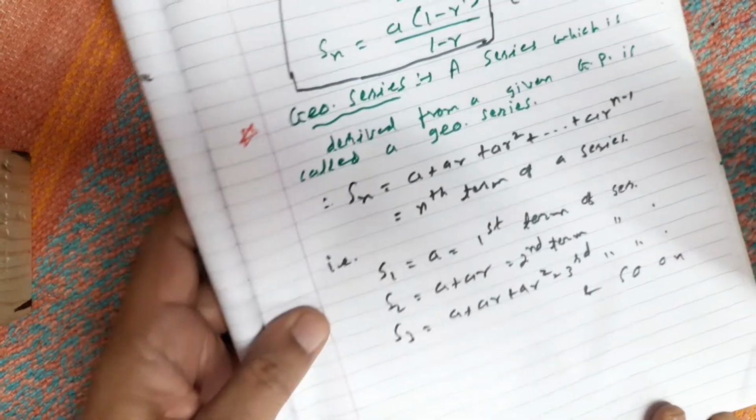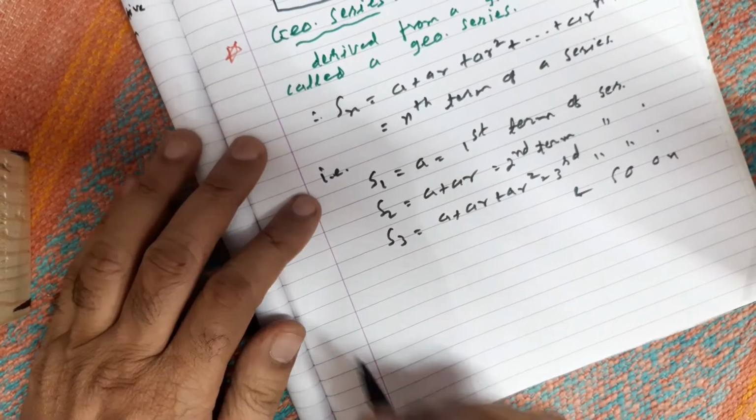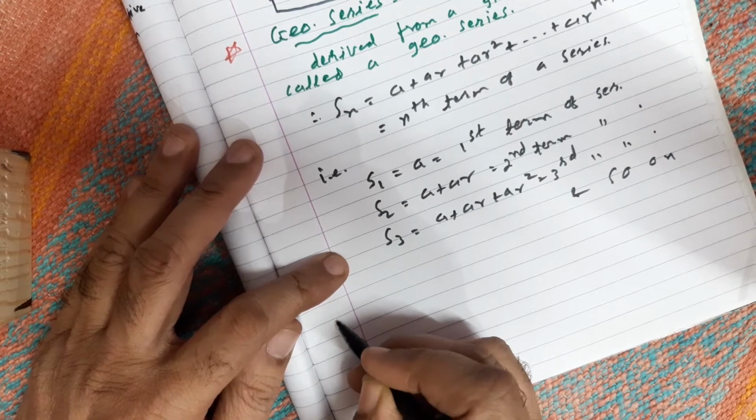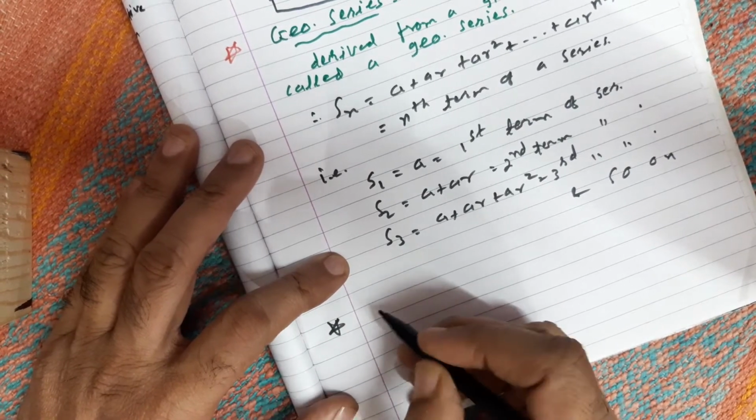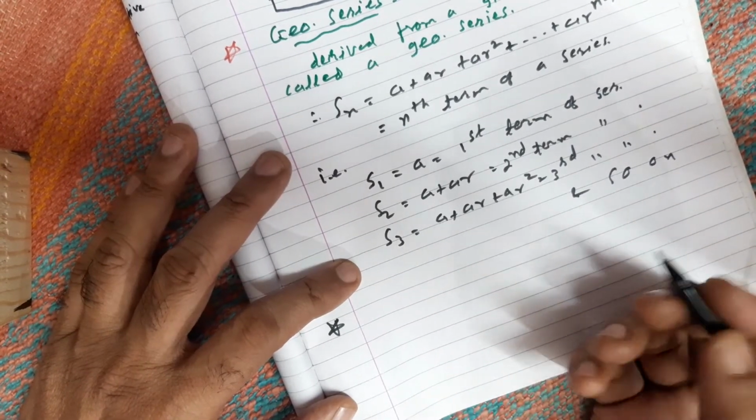And after this, there is a theory which is called the geometric mean. The next topic is the geometric mean, like the arithmetic mean.